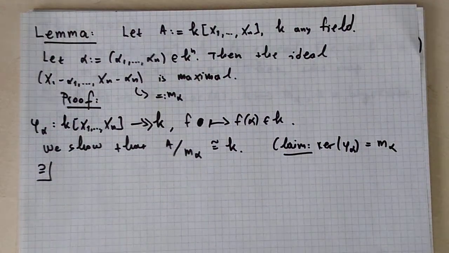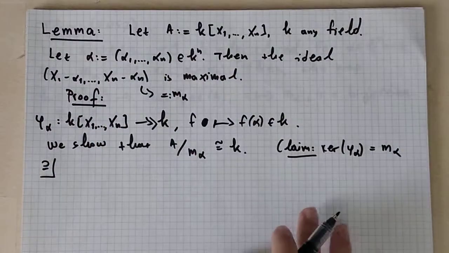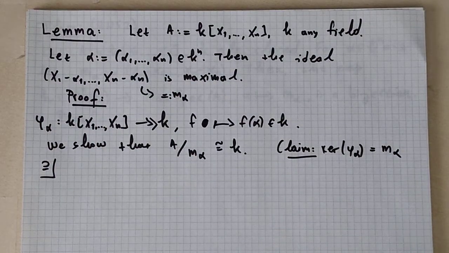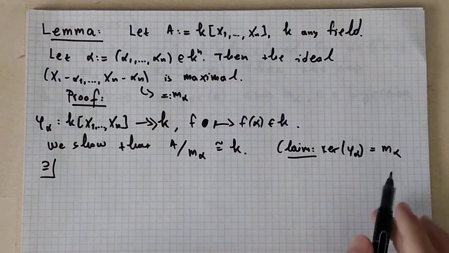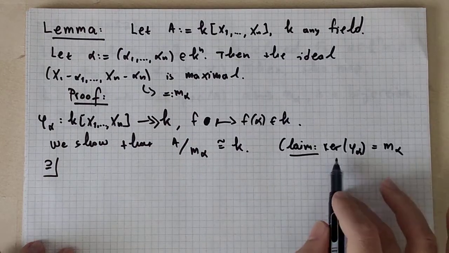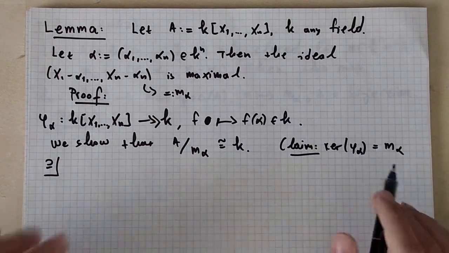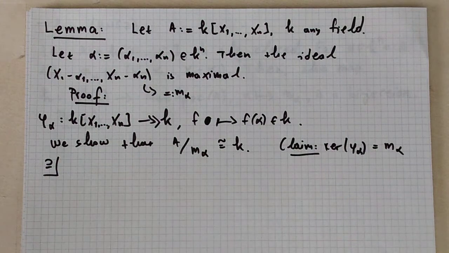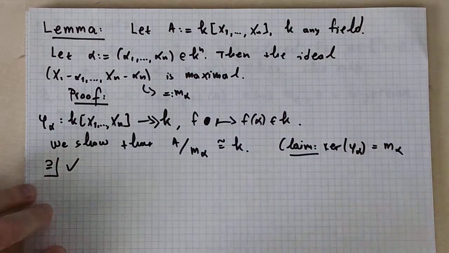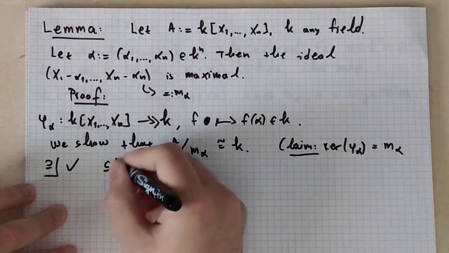If you evaluate this at the n-tuple alpha, of course you get 0. So every element of m alpha lives in the kernel of phi alpha, because evaluating at alpha gives 0. This is pretty trivial. Now let's see the other inclusion.